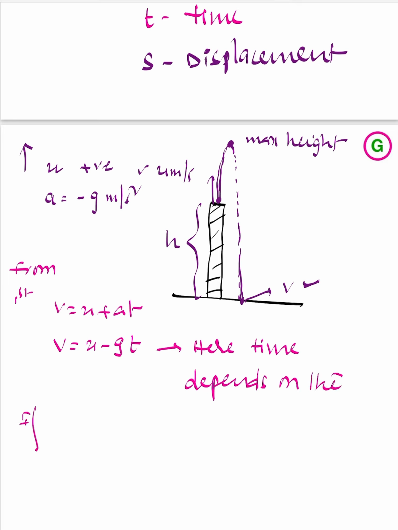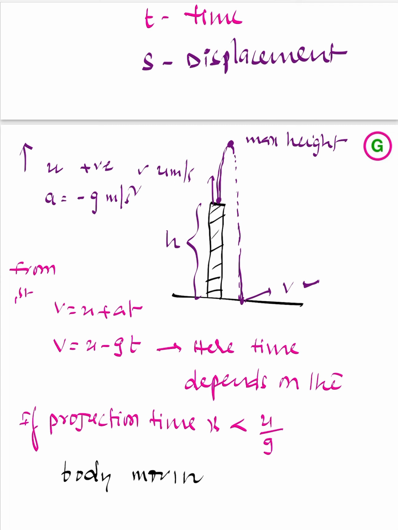If the projection time is less than u by g, the body is moving upward.